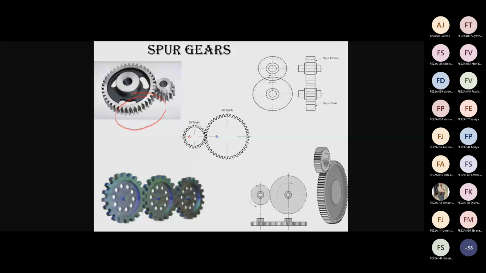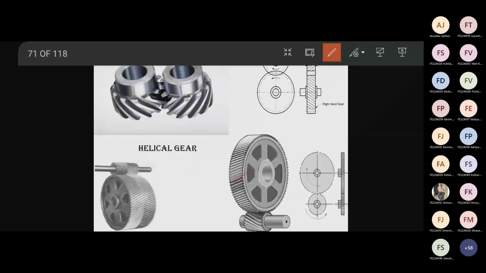Second one is the helical gear. Now here in helical gear, you can see that the teeth of the gear are at an angle with the axis, right? They are not parallel to the axis. They are at some angle, and that's why this angle is called the helix angle. You can see this is the first gear and this is the second gear.